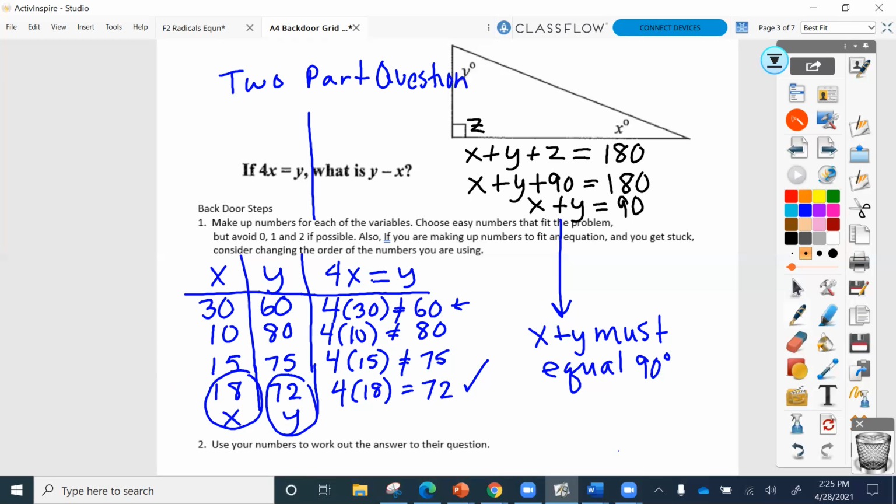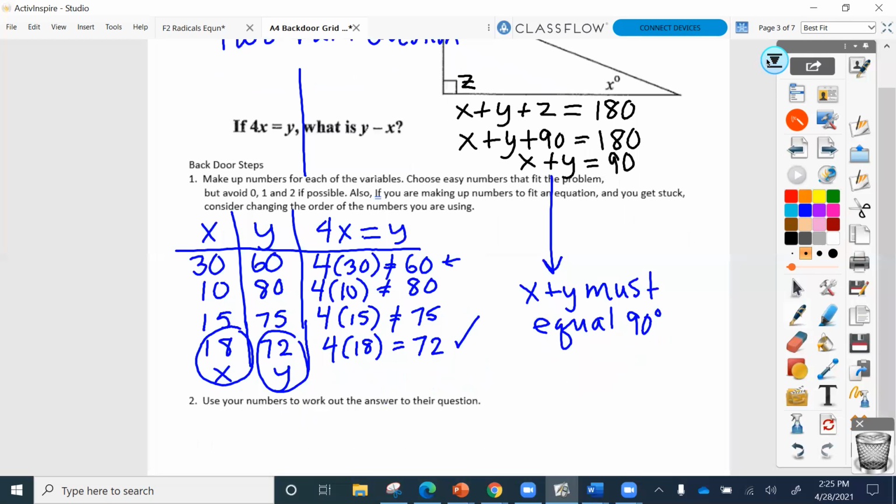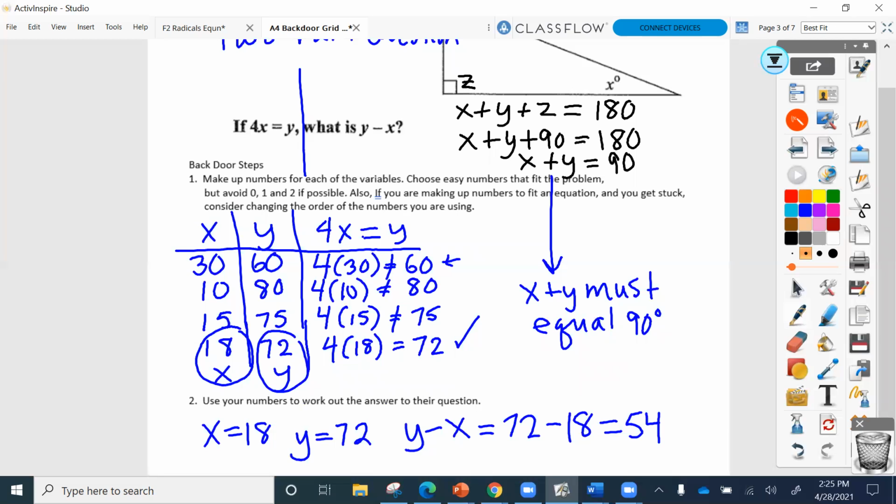So now we're going to use our numbers, x is 18 and y is 72, to answer the question they're asking us, which is what is y minus x? If you do the math, you'll get 54.